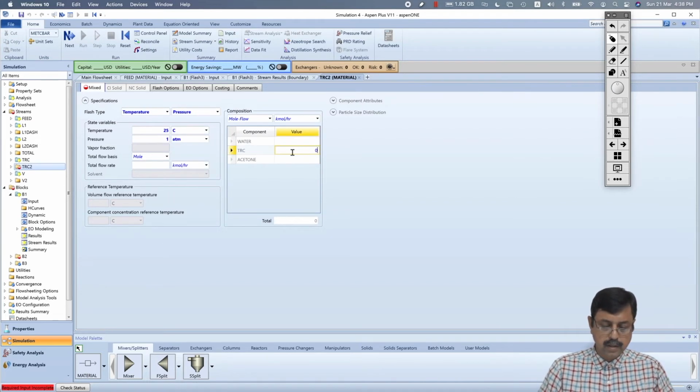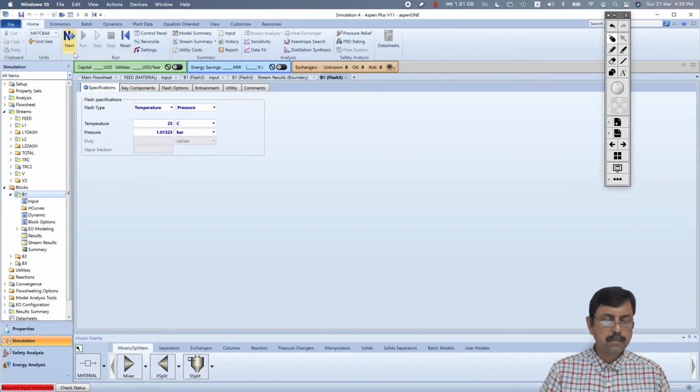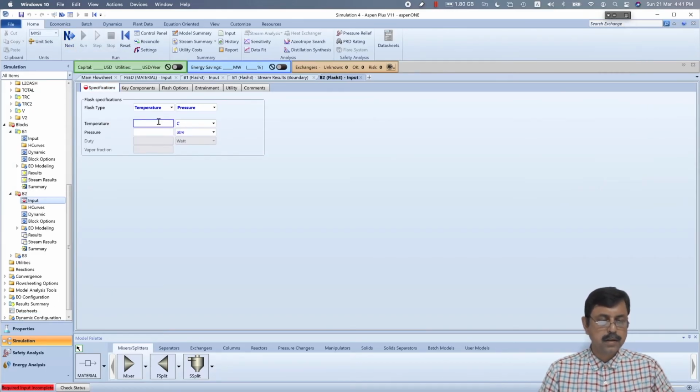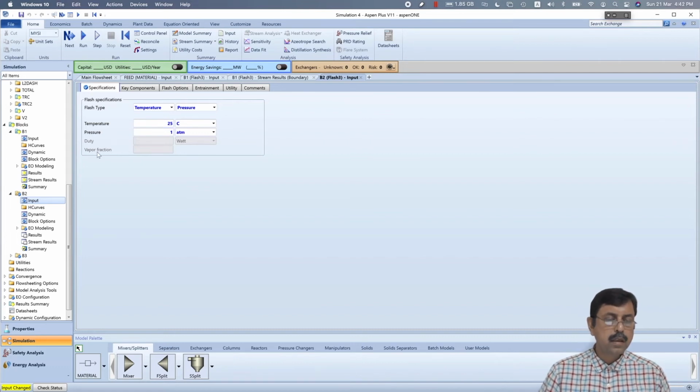And this is 0.5. And the block B1 we reduce to 25 degrees centigrade. We do not want any major change in pressure. Okay, temperature 25 and pressure 1 atmosphere. Now let us run.